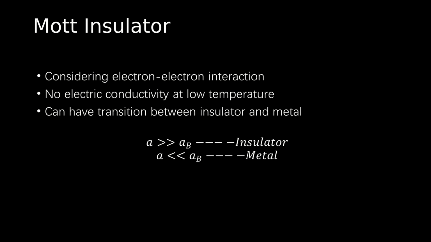Here, the inequality shows that A is the lattice spacing, and AB is the Bohr radius. AB is for Coulomb interaction between electrons, and if A is larger than AB, this material becomes an insulator.